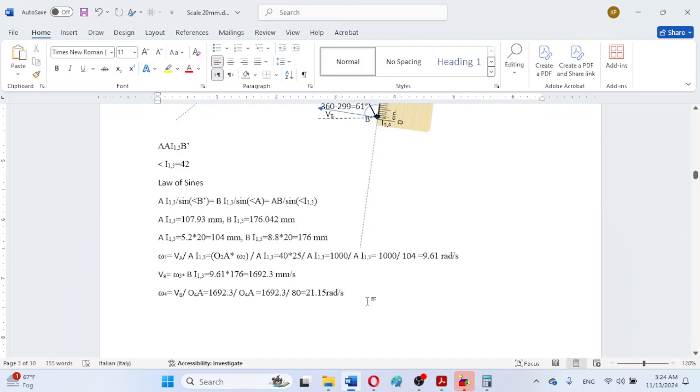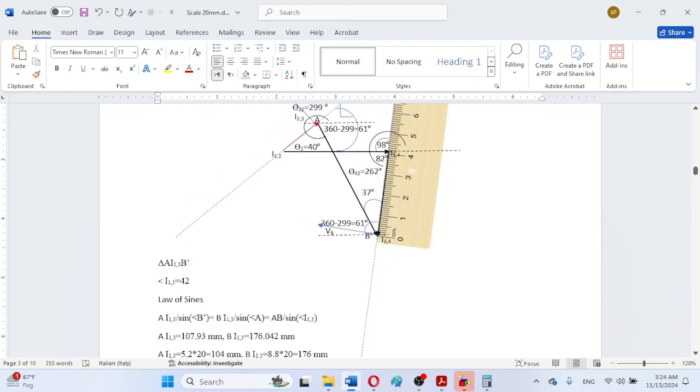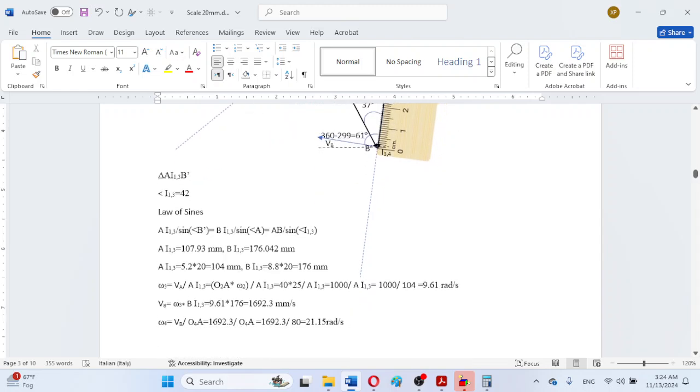Now as a further step, if we require the relative velocity of VB dash relative to A, for example, we will write the velocity vector equation.